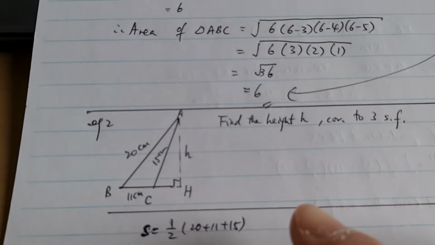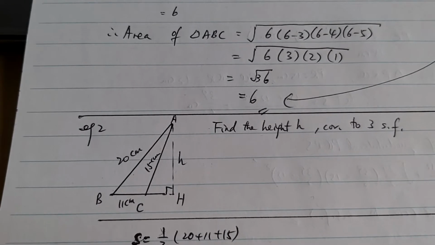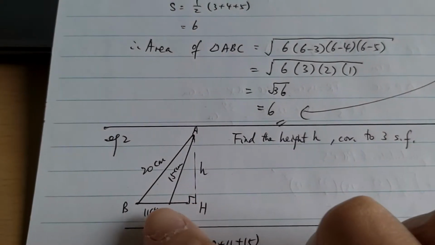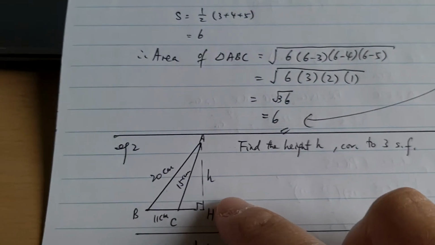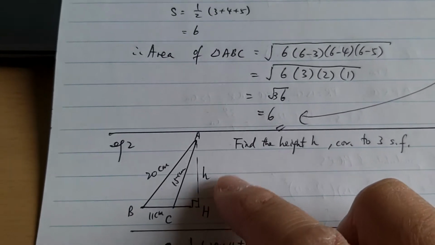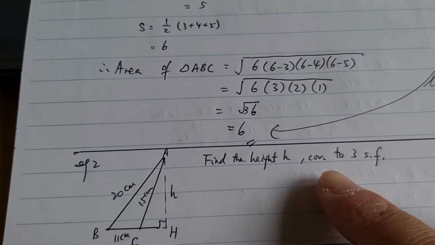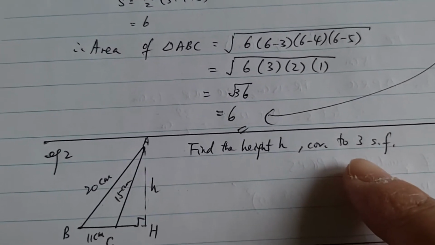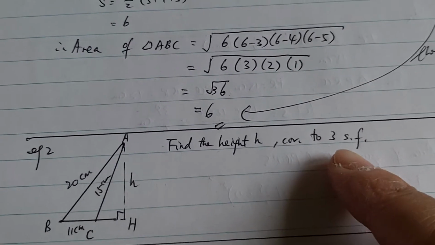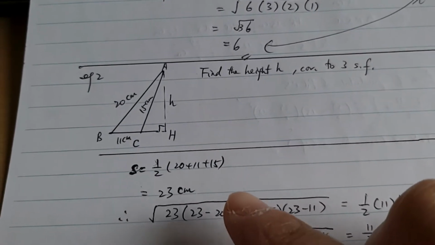So example 2, we see an obtuse angle triangle. And obviously AH is the height of the triangle. We want to find the height h, correct to 3 significant figures.